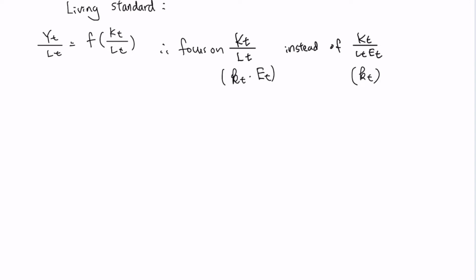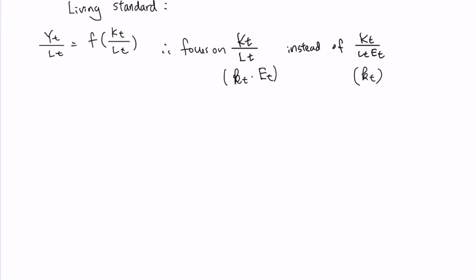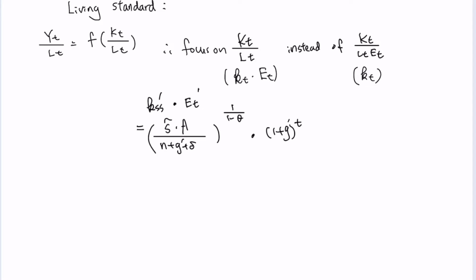The capital per capita is the capital per effective worker multiplied by the size of the production efficiency that augments the labor production. So the new variable when we talk about the living standard is lowercase k_t multiplied by E_t, the capital per effective worker multiplied by the level of the production efficiency that augments the labor production at time t.